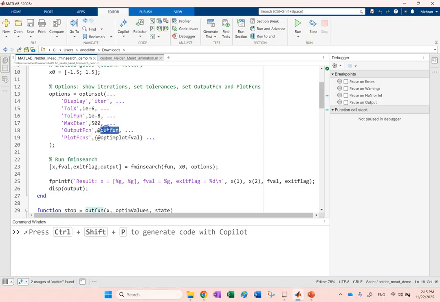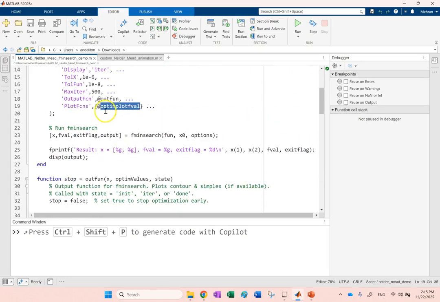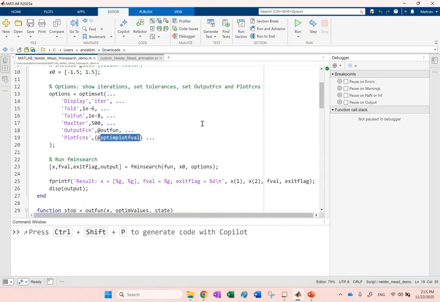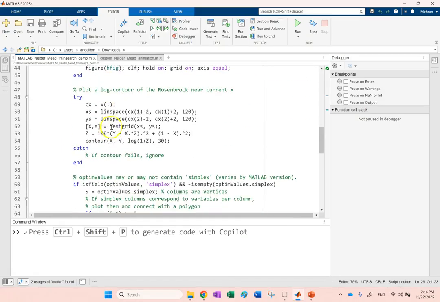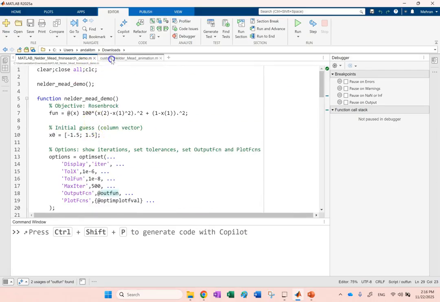The output function is outfun, and the plot function is optimplot fval. Optimplot fval is a built-in function that will plot for you the optimum value and so on. But this output function is a function that I made here that keeps the values and can generate the animation for you. So let me first show you this custom one.